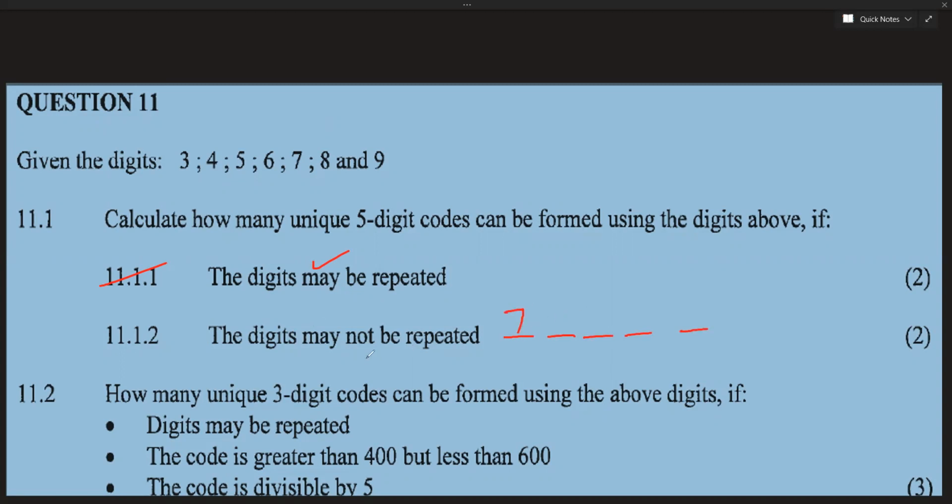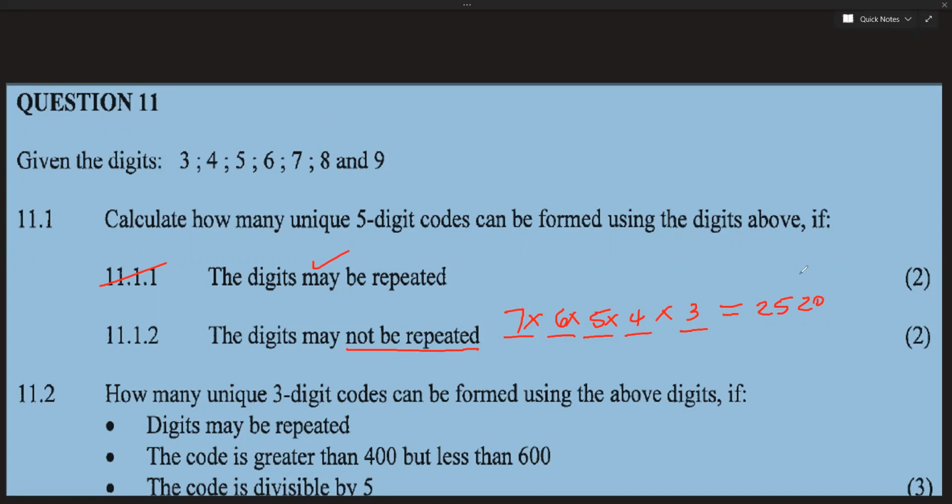Then if there's no repetition allowed, the number of options reduces by 1 all the time. I'm sure you put this in your note somewhere. So I'm going to have 6, 5, 4, and 3. Then you multiply them together, right? And that should give you 2520 when you press it on a calculator.